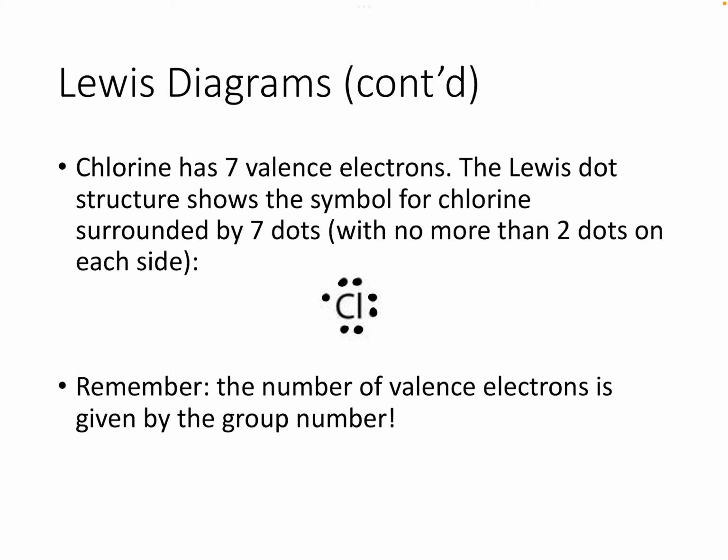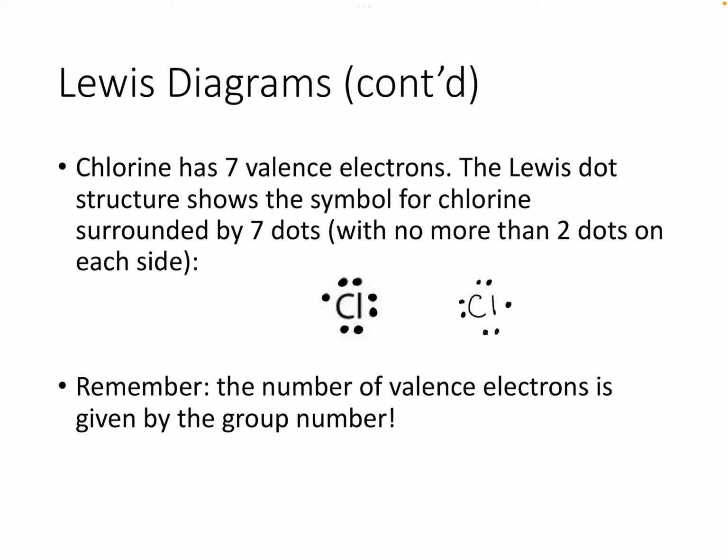Now, we could have also drawn this with the single electron on the right, or we could show it on the top or the bottom, but we just want to show those 7 valence electrons as dots, and we can only put 2 electrons on a side maximum.